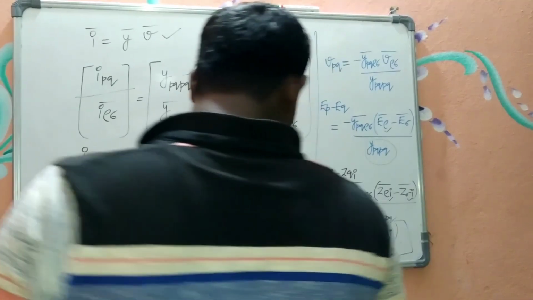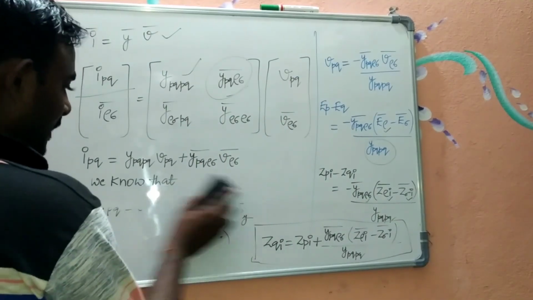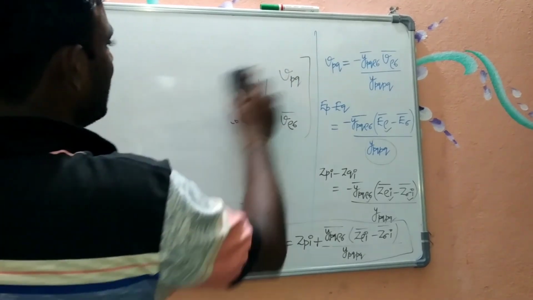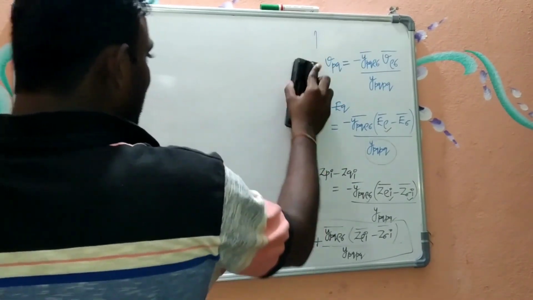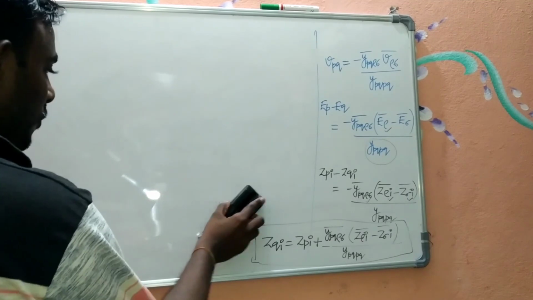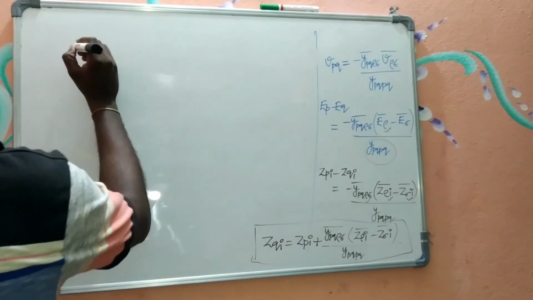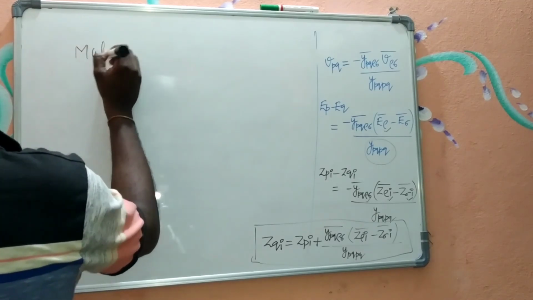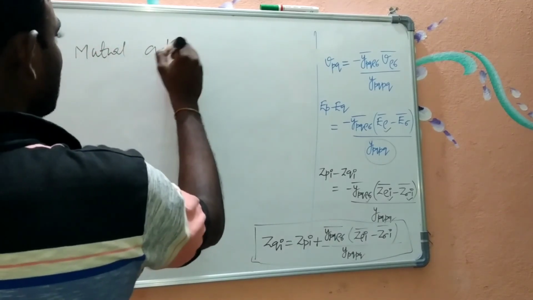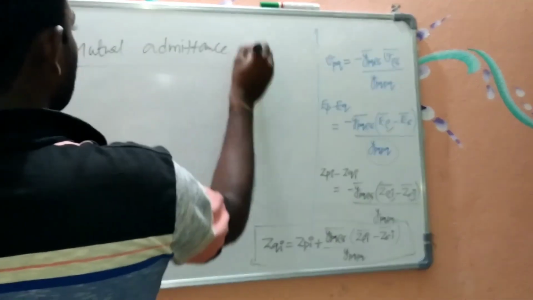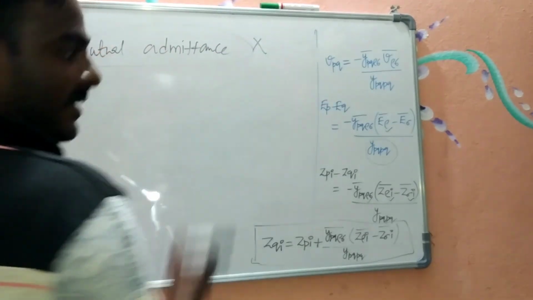Now I want to see the special case in this way of finding off diagonal elements. The special case is if there is no mutual admittance between the added element and the remaining elements of the partial network.